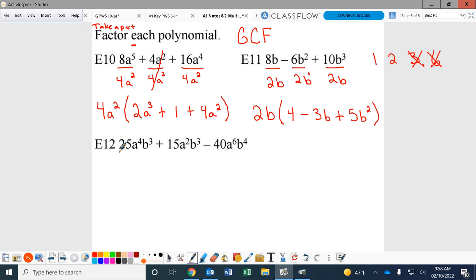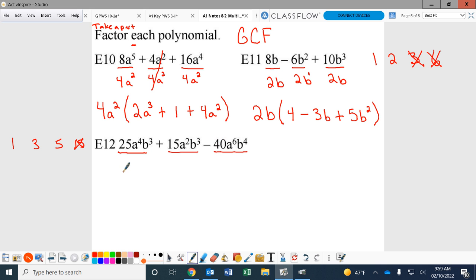Okay, here we go. So we're going to divide all these. We're looking for the GCF. 15 is our smallest number. Does 15 go into 25? No, so got to list out the factors of 15. 1 and 15. What else goes into 15? 3 and 5. 15 doesn't work. Does 5 go into 25? Does 5 go into 40?